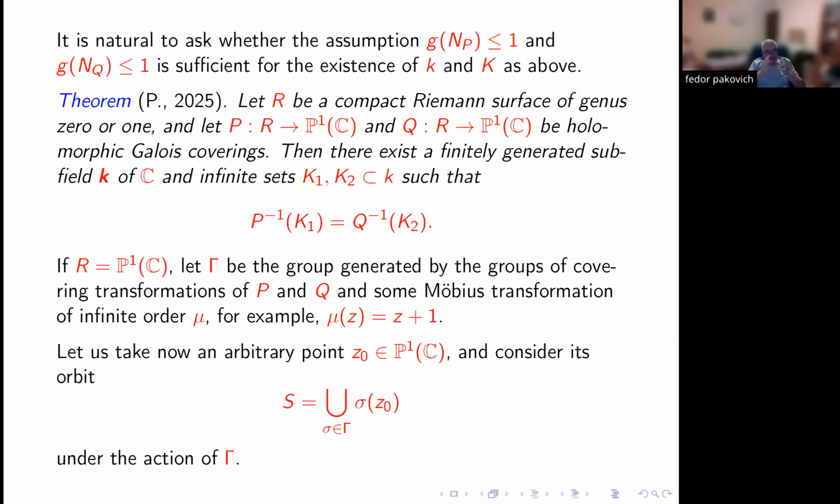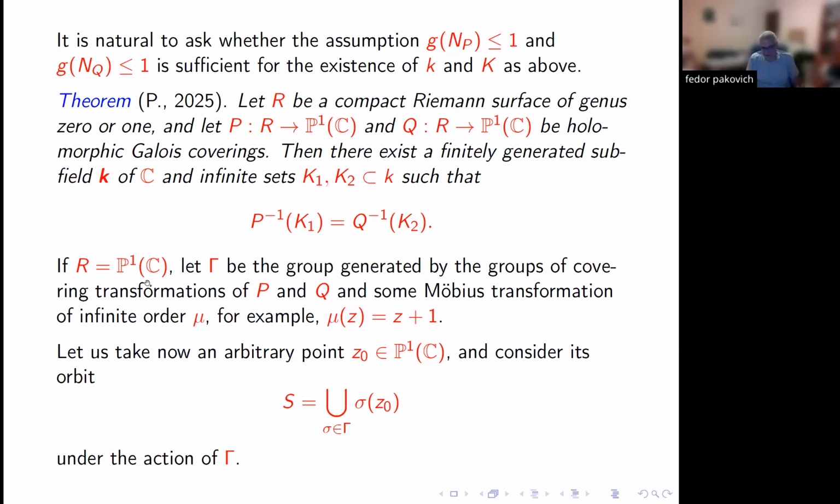It's not that obvious, because we used some weaker condition. But what is also simple is to show that if you have two holomorphic Galois coverings on a surface of genus 0 or 1, then you can easily construct such sets. You just take the group generated by the groups of covering transformations.